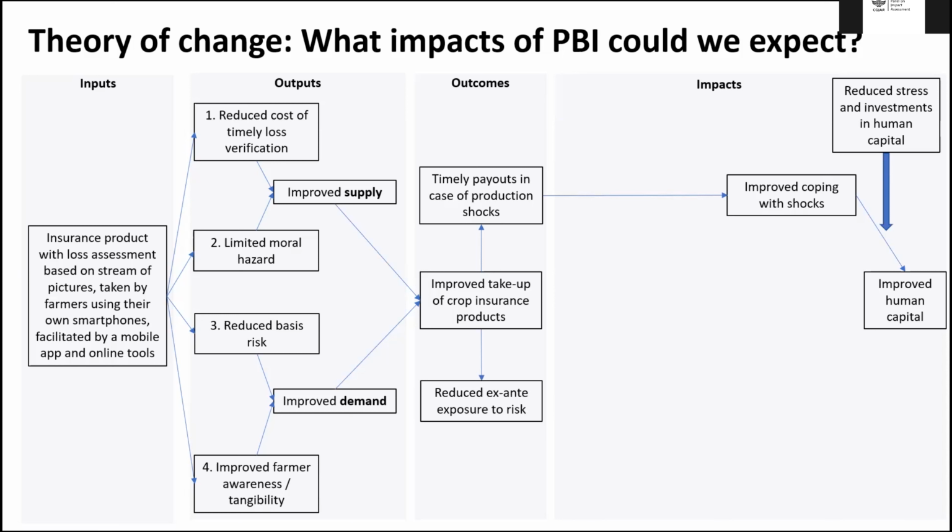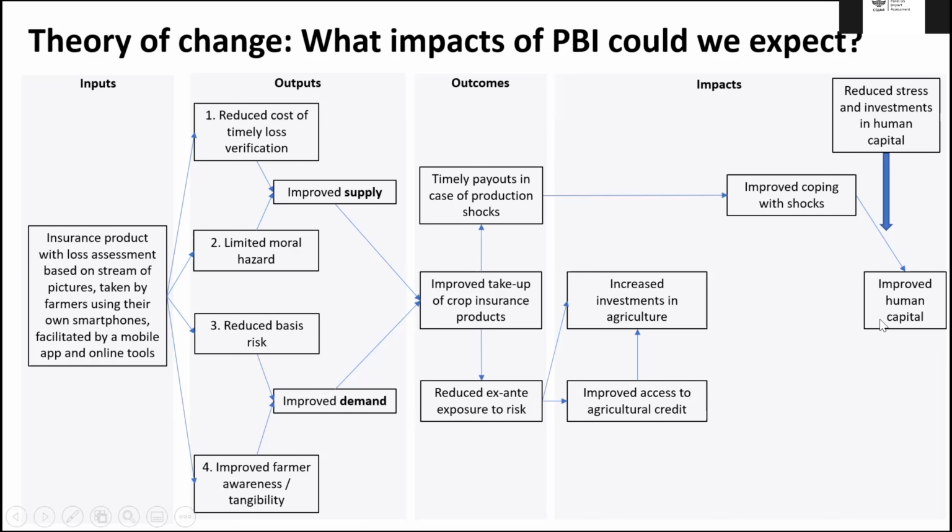So ex post, by having timely payouts in case of production shocks, we expect improved coping, and that resulting in improved human capital if improved coping reduces stress within households, and also if it protects investments in human capital. For instance, if there's a health shock, people will still be able to seek healthcare, children are not being taken out of school, and a household can keep investing in education. And so ultimately, we hope to see improvements in human capital there.